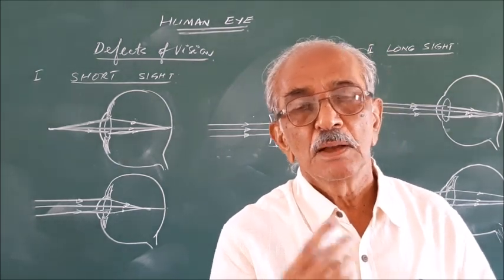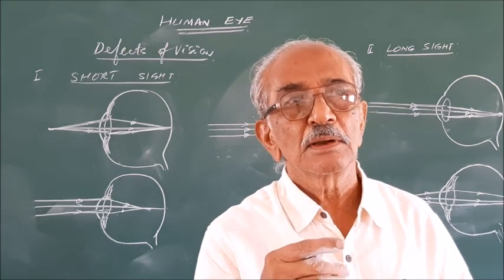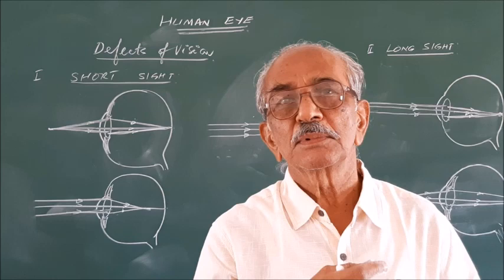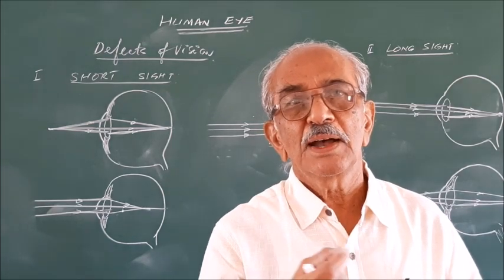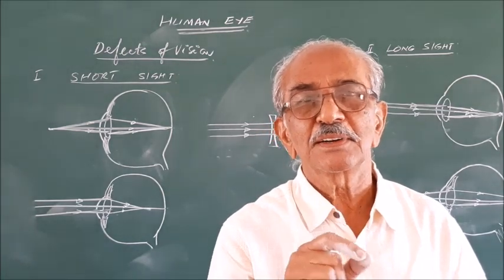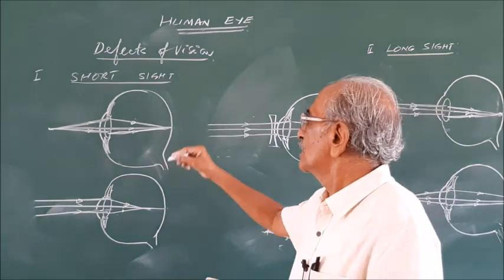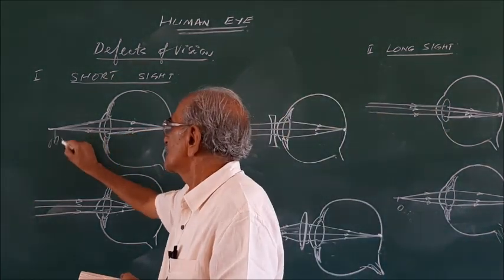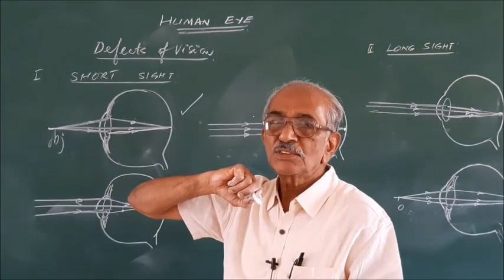Now here, if we can't see distant objects, if we see only nearby objects, we have a defect. The eye is able to see only objects at short distances.